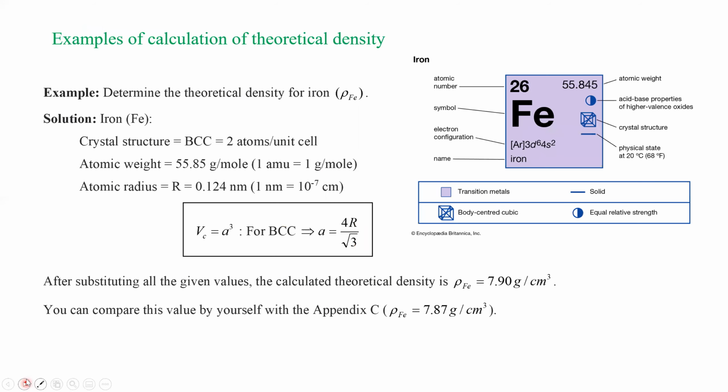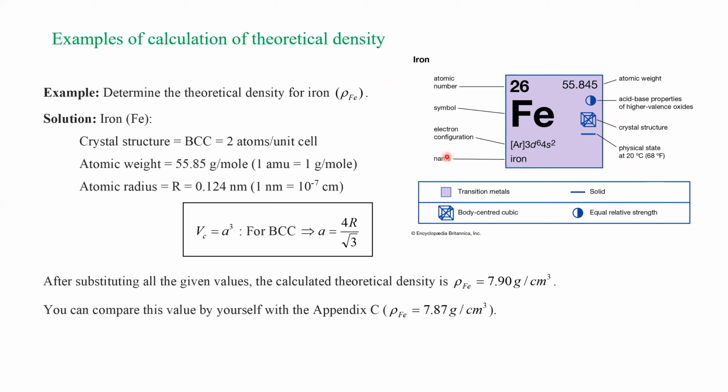Okay, let's take a look at an example. Determine the theoretical density for iron. First, if you have a textbook, especially Kittel or Ashcroft, you can open it up. They have tables. What is the crystal structure for iron?